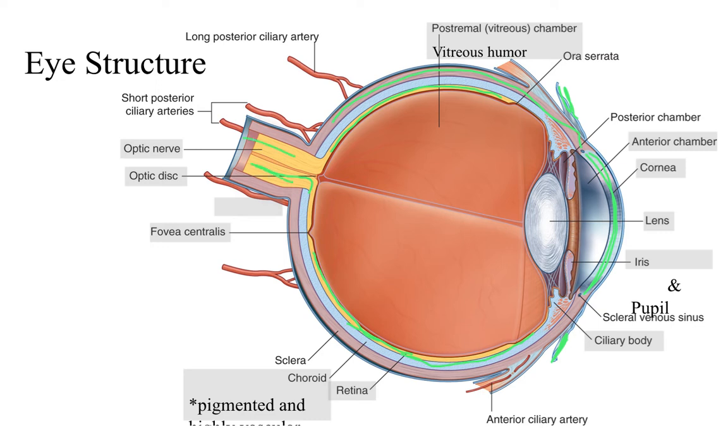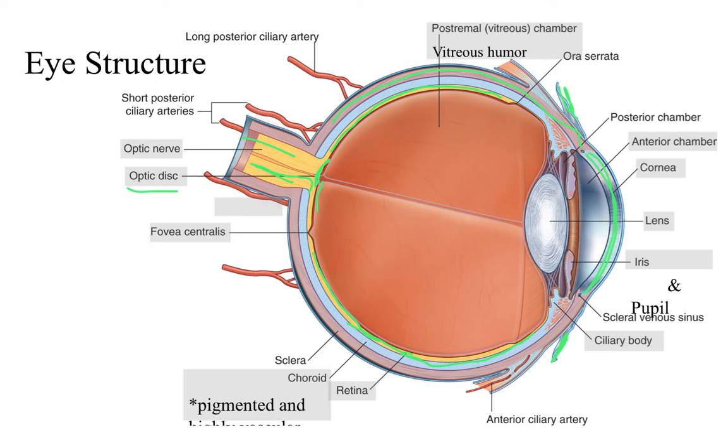All right, within the eyeball itself, where the optic nerve exits is a space called the optic disc, and there are going to be no rods, no cones, no vision receptors in this area, so that's going to set up a blind spot for the eye.